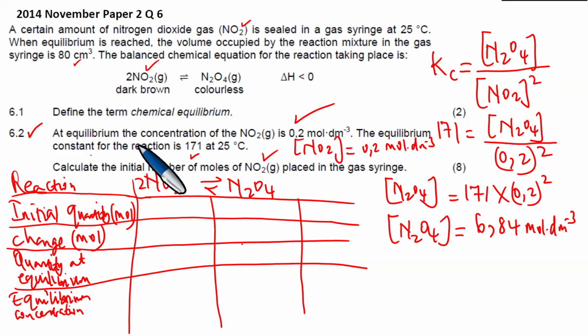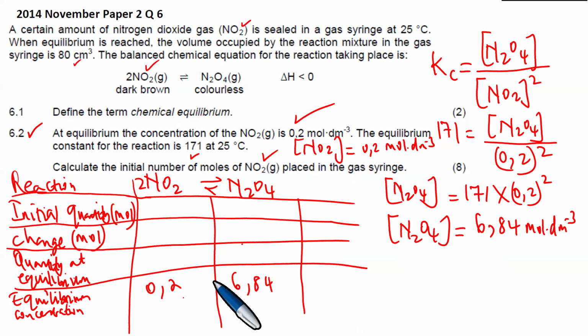But now remember that this NO2 concentration that is given is at equilibrium, right? So let's put it here: equilibrium concentration of NO2 is 0.2. Now, what is the equilibrium concentration of N2O4? It is 6.84. Okay, good.